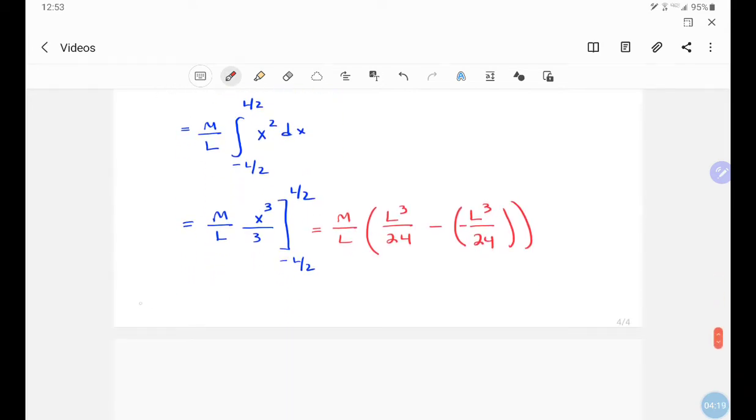Simplify this down just slightly. L cubed over 24 plus L cubed over 24 is going to be L cubed over 12. So I have M over L times L cubed over 12, giving me a final answer of 1/12 ML squared.